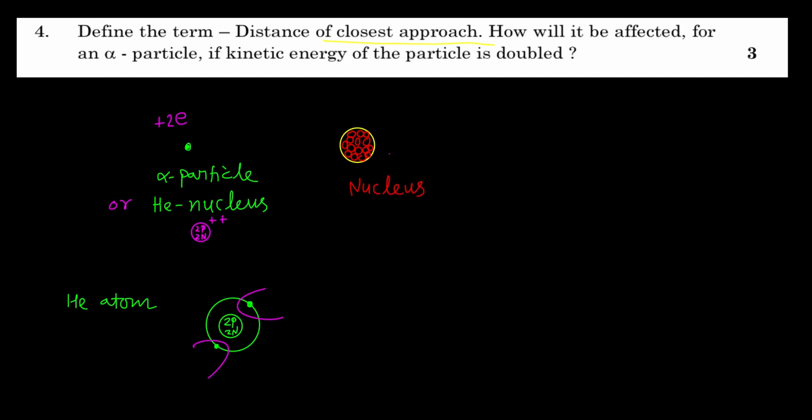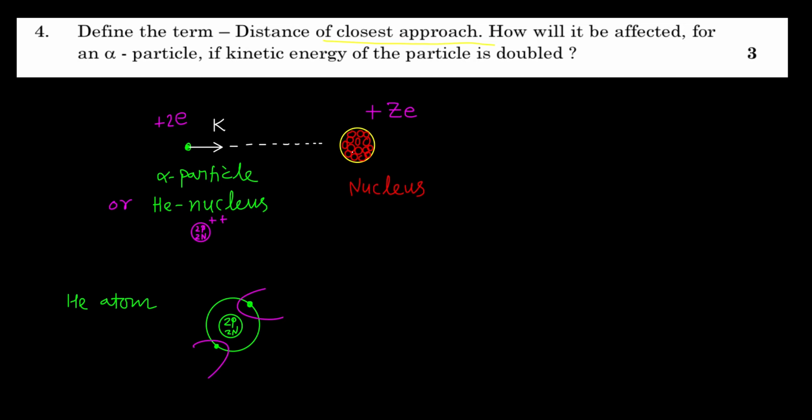And suppose the atomic number of this element, suppose it is gold or it can be any other element, is Z, then the charge on this nucleus will be plus Ze. Now let us see, suppose this alpha particle is thrown with a kinetic energy K towards this nucleus, then what is the distance of closest approach?